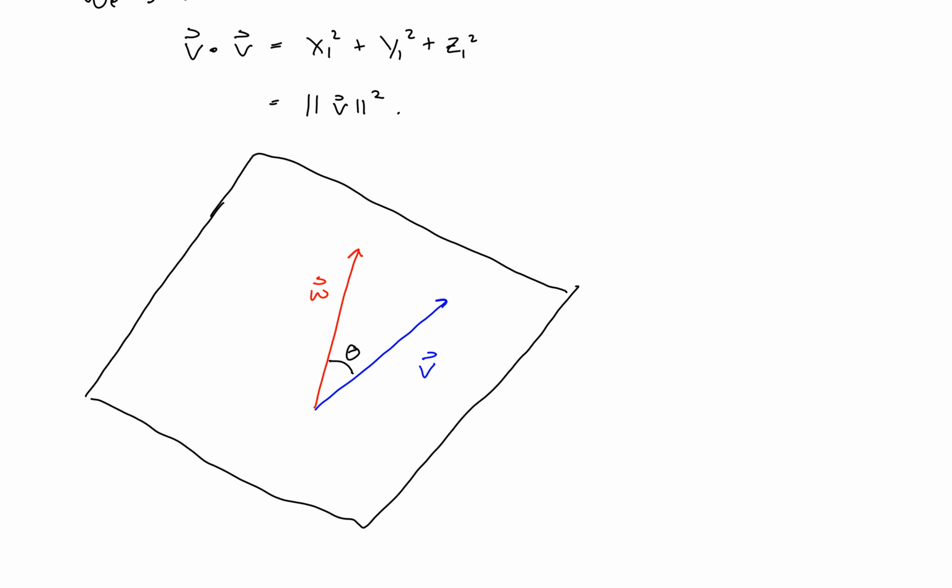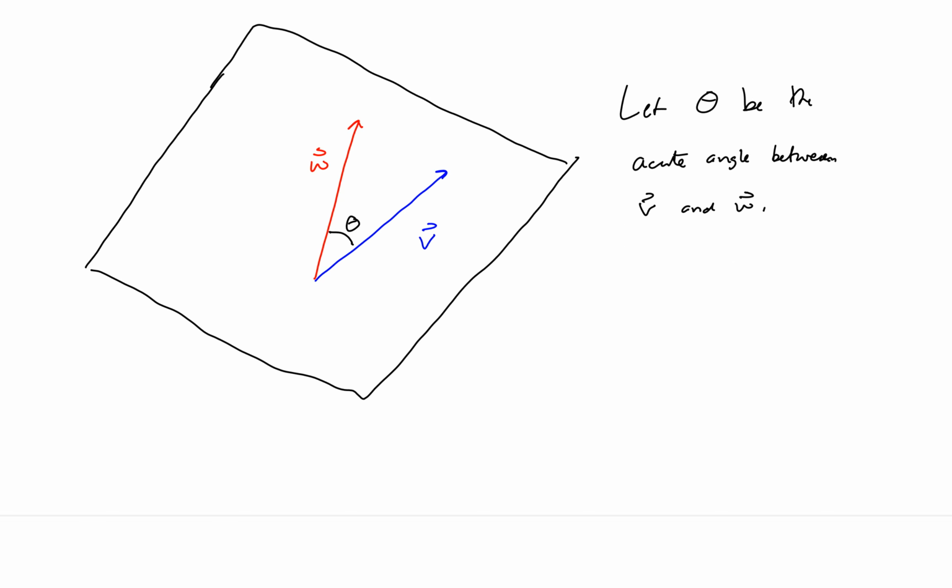So it's going to be the acute angle, so we'll let theta be the acute angle. So not the bigger one, the one that's less than or equal to 180 degrees. And this angle is in this plane that they're both in. And so we can ask, can we tell what this angle is? So what is this angle?